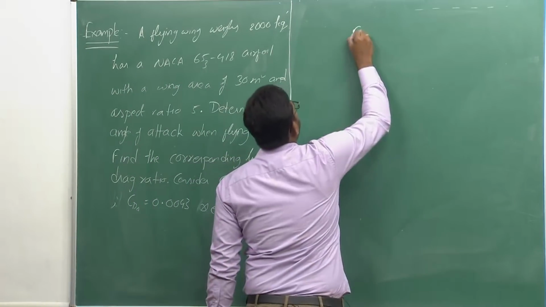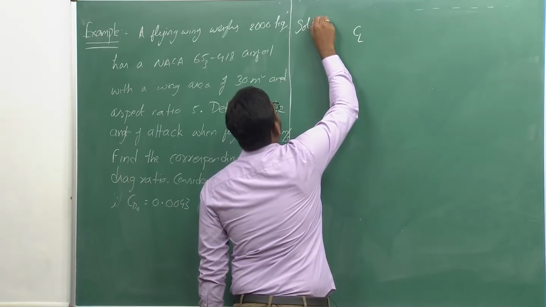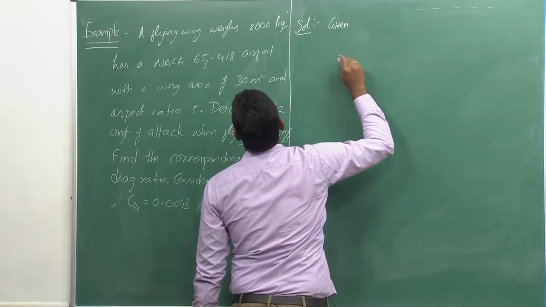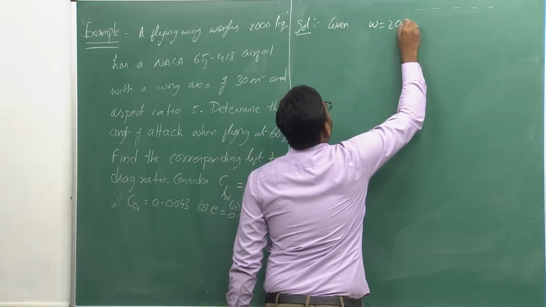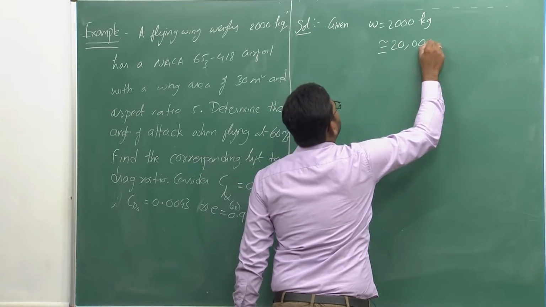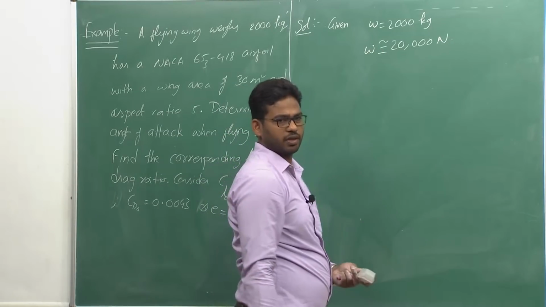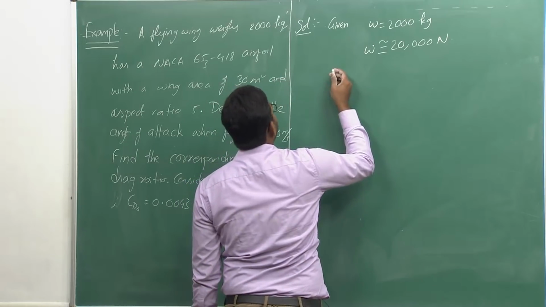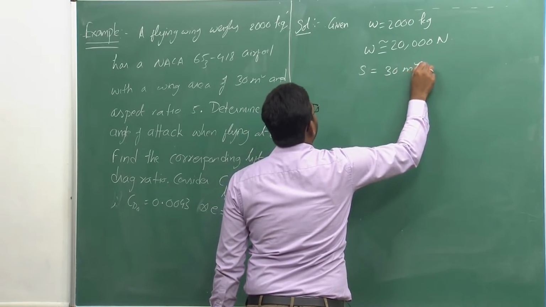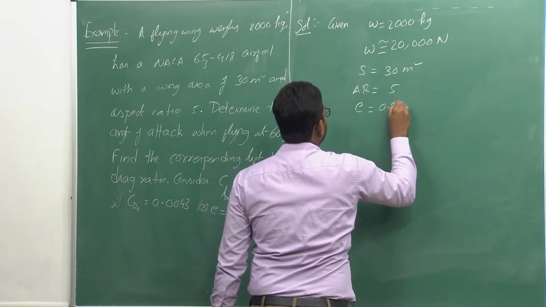How do we determine trim angle of attack? First, we need to know the corresponding CL. First, given W is equal to 2000 kg, which is approximately equal to 20,000 Newton, right, W multiplied by approximately 10, 9.81, and S is given as 30 meters square and AR is given as 5 and E is 0.92.